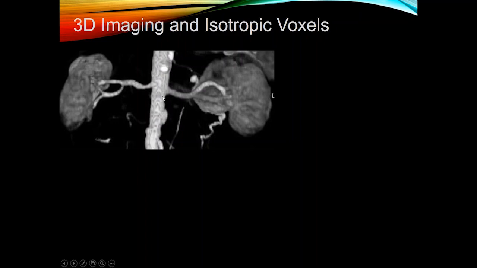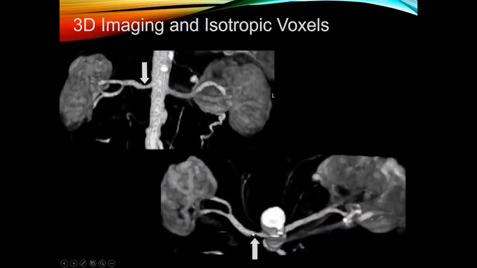This is just important to note how the plane of imaging may help you better visualize stenosis. So, coronal plane may not be sufficient if the stenosis is in the AP dimension. It's just an example where it doesn't really look like there's much stenosis here in the right renal artery, maybe mild, but then when we oblique the images and look more in the axial view, we can see that there's actually more stenosis than expected.